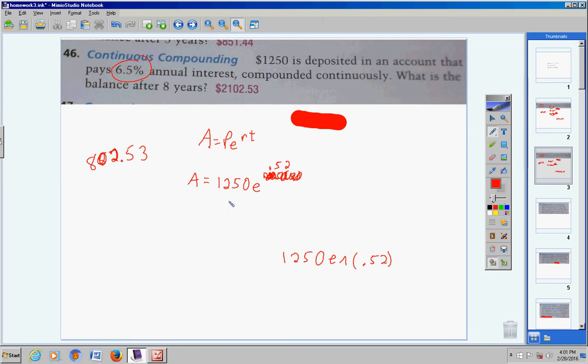I think that's right, but anyways, you get the idea. If I'm wrong, I'm trying to do it in my head, it's no big deal. $852, I believe, would be right. Anyways, moving on. So, this is the formula you want to use for compounding continuously.